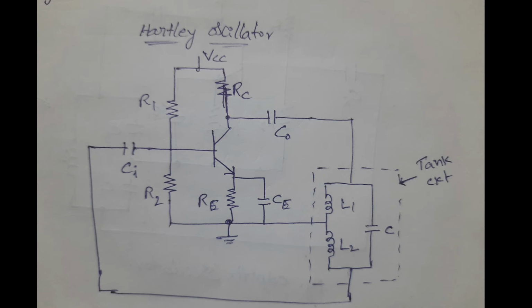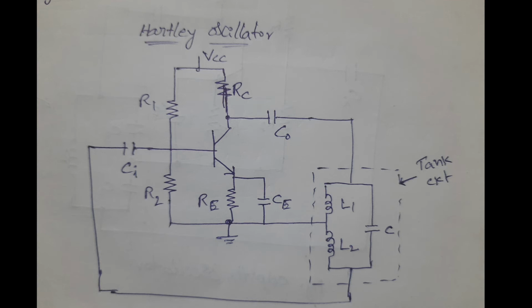Further, from the figure, it is evident that the output of the amplifier is applied across the inductor L1, while the feedback voltage drawn across L2 is applied to the base of the transistor.